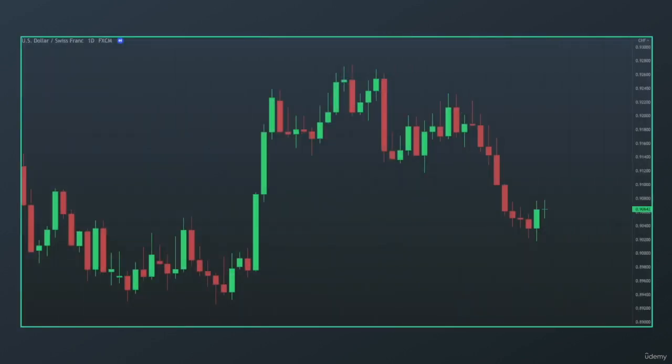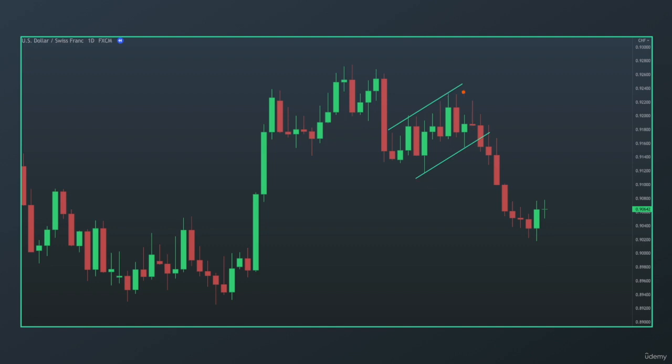USD CHF daily time frame. After this very impulsive move to the upside, price established a resistance right here and then made a very impulsive move downside, creating a lower low. Since we have a lower low, we can somehow expect a lower high, right? An impulsive move followed by a corrective move that formed into a bearish flag.